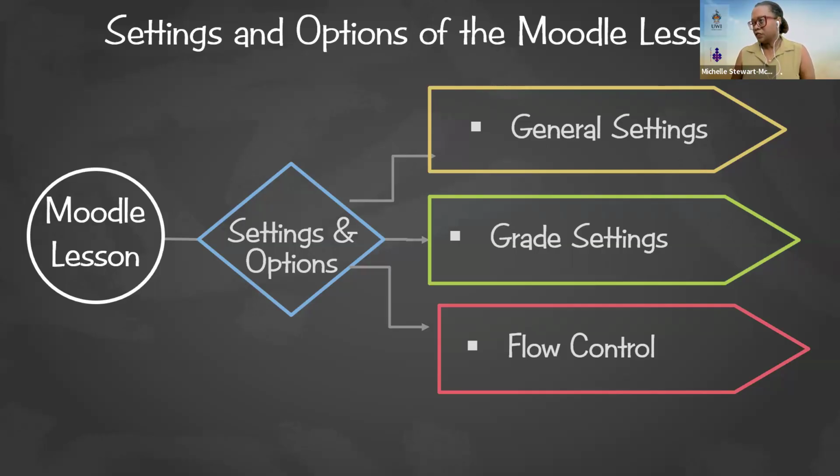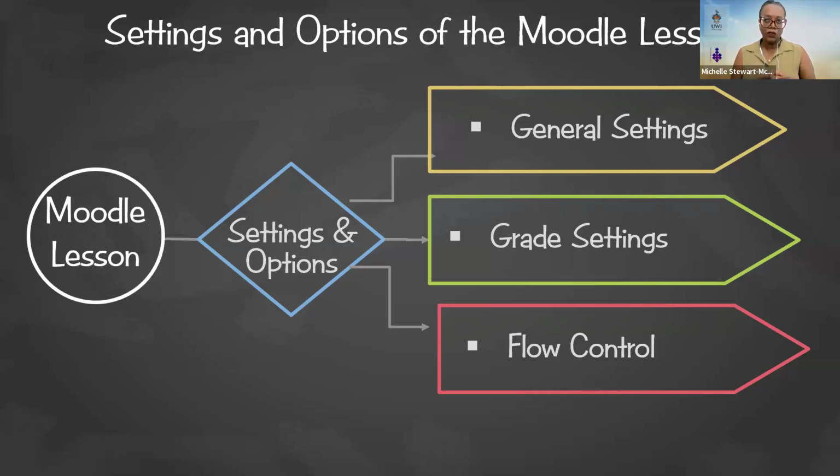And then the third setting that we have is what we call the flow control. And this is where you determine whether or not you want the students to review what they have done. You decide if you want to have a try again button, so students can decide to try again, or they can ignore that and move on. Of course, we talked about the number of attempts, and for flow control, we can also determine what action is taken after the answer is correct.